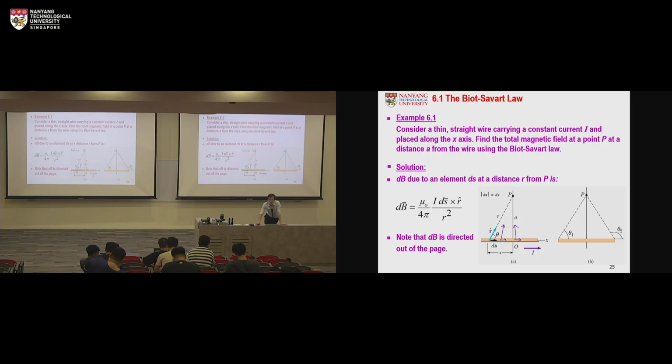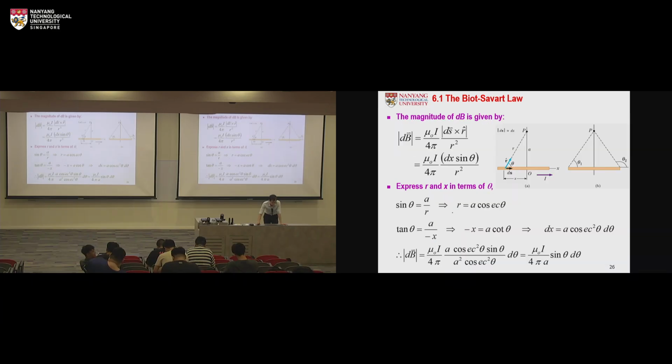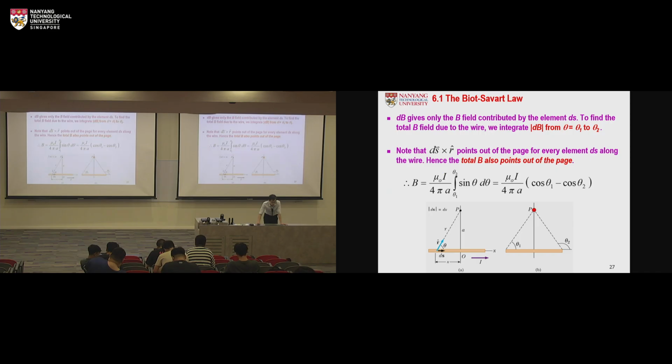Vector r is not uniform. So you cannot apply it directly, but you can only apply it for this tiny ds section. And you have to do this integration from one end to another end, that is here. And you will find out the B.